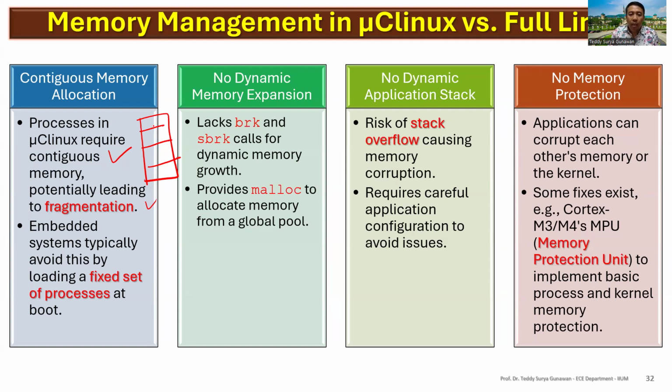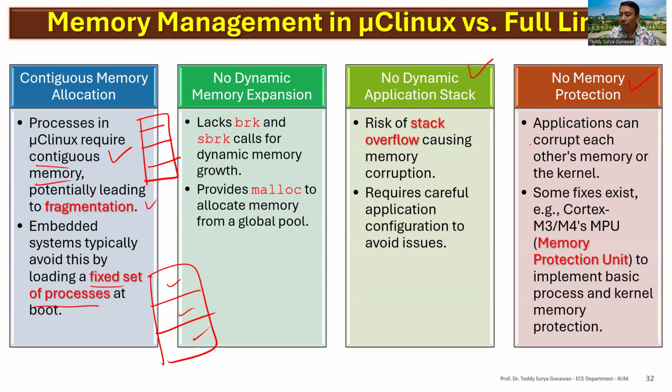So we require contiguous memory. Normally a fixed set of processes is used at boot. You just set the number of processes, say 3, and that's enough. There is no dynamic memory expansion and no dynamic application stack, which risks stack overflow, for example when doing function calls, and there is no memory protection.